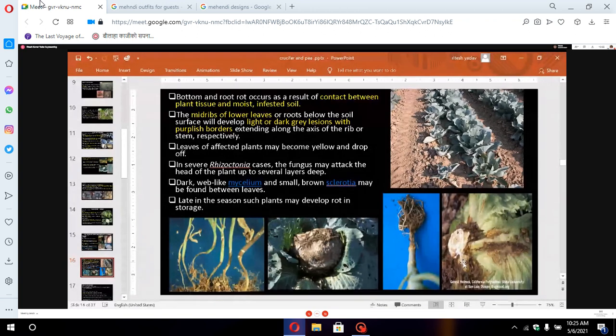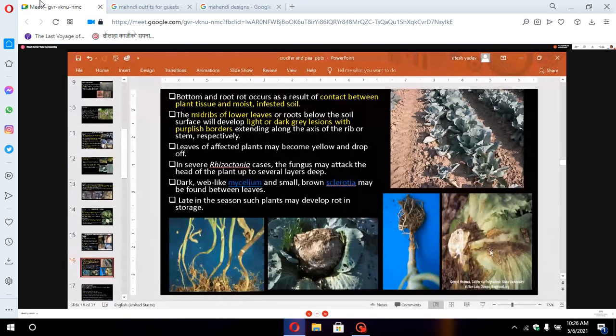Initially they are light colored, but gradually they become dark gray brown lesions. These are specifically seen on the midrib region. As this infection progresses, it causes bottom rot. So the bottom of the curd is rotten, while the top looks fine.